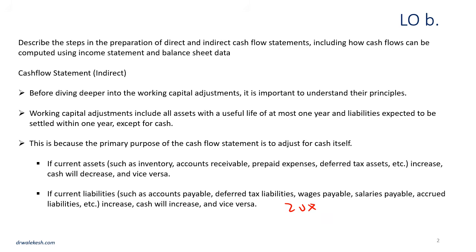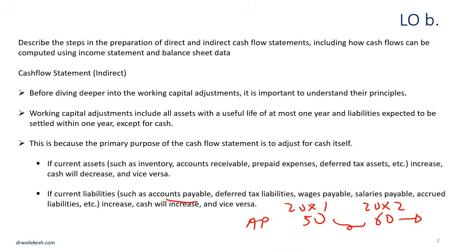Imagine in 20x1, we have accounts payable of 50, but by 20x2, the accounts payable has increased to 60. What will happen on our cash flow statement?